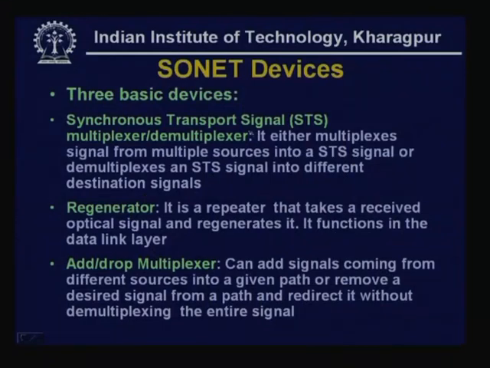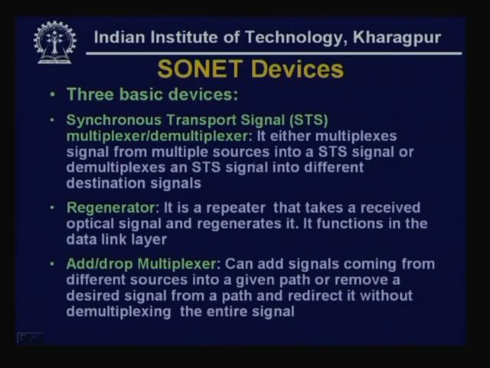Let us see. First one is the synchronous transport signal multiplexer demultiplexer. So, it either multiplexes signals from multiple sources into an STS signal. STS signal, as we shall see, is a hierarchy of signals, or it demultiplexes an STS signal into different destination signals.